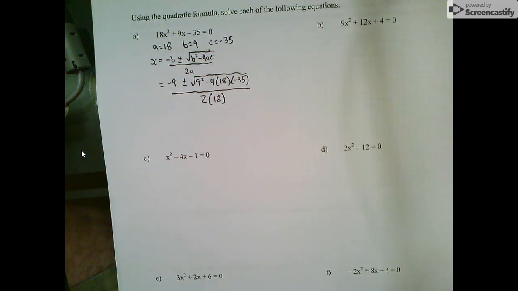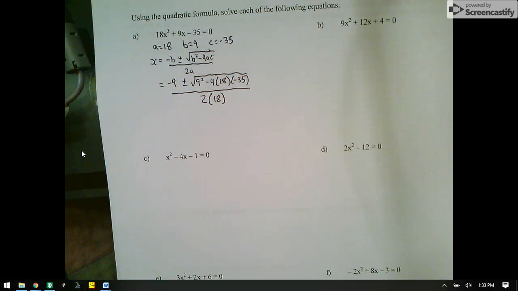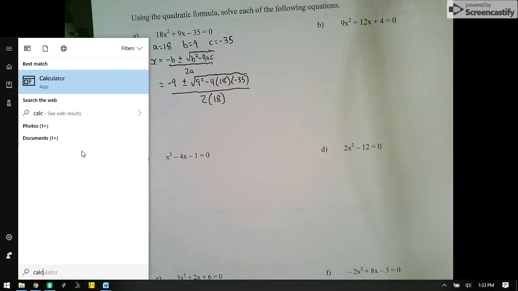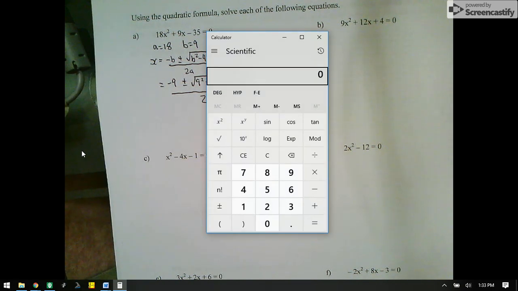So I need a calculator to solve this. So I'll just quickly call up my calculator. And I'm going to start with what's inside the brackets first. So 9 squared minus 4 times 18 times negative 35.